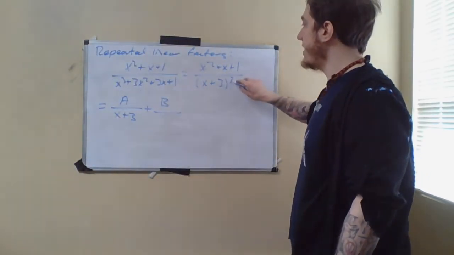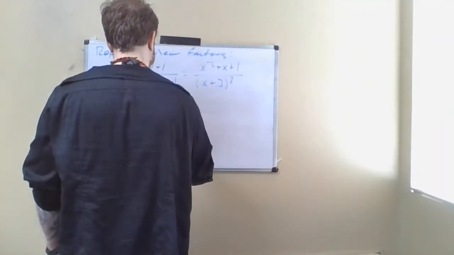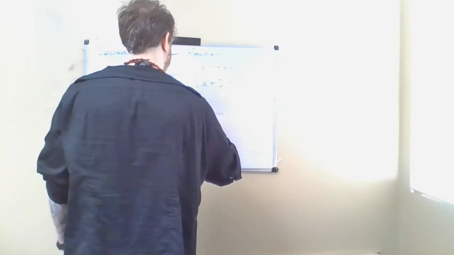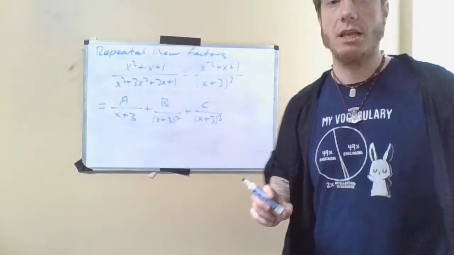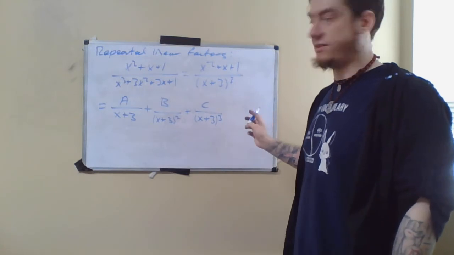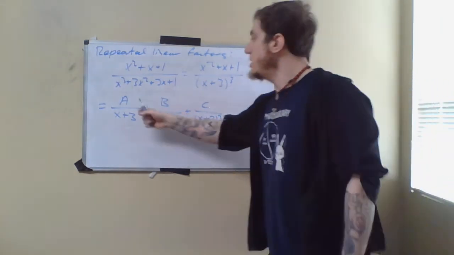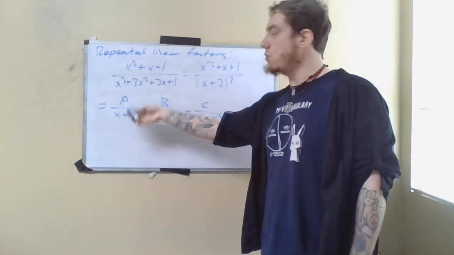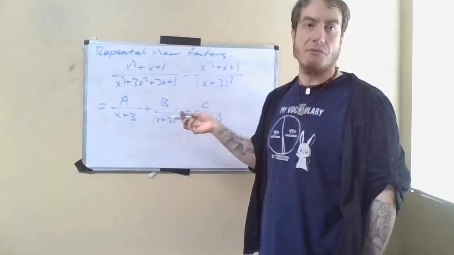So in this case, the factor is cubed, so I need a B over x plus 3 squared and a C over x plus 3 cubed. If this were to the fourth, I would need to add a fourth term like this, and so on. So for each time the factor appears, you get a separate fraction, and you do powers going from 1 up to however many you have.